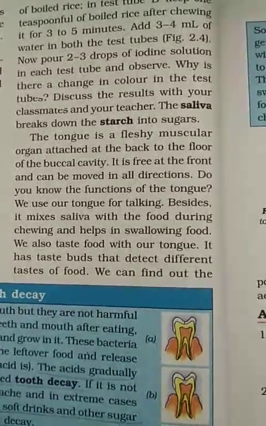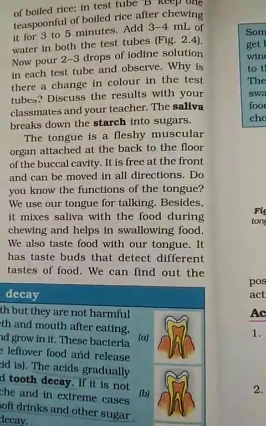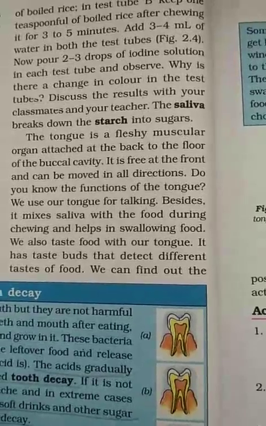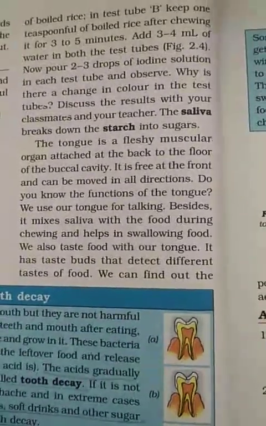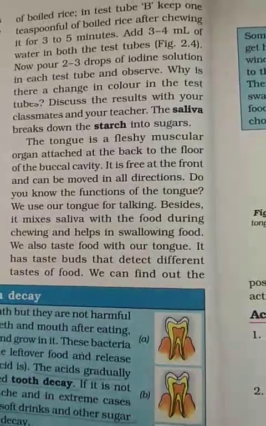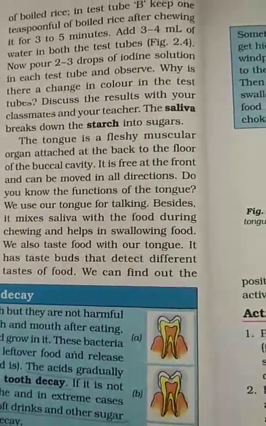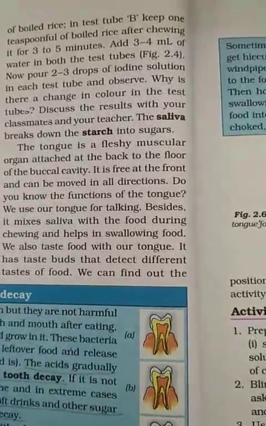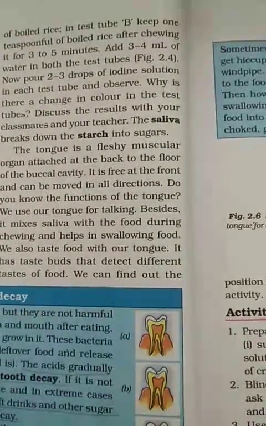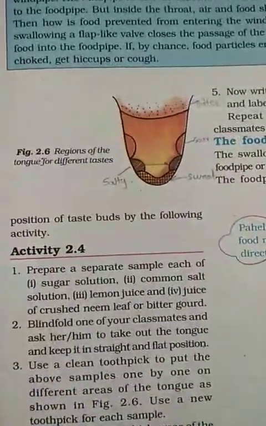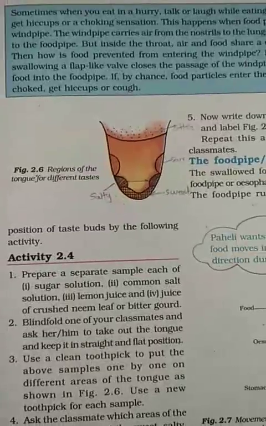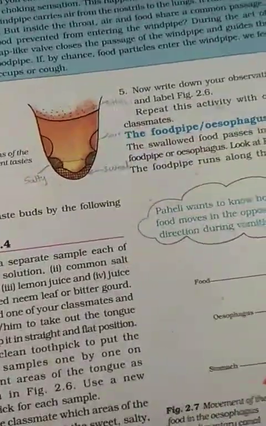It has taste buds that detect different tastes of food. Which different tastes have you tasted? We know the salty, sweet, sour and bitter taste. And on our tongue there are different regions, which you can see here, that help us to detect the different tastes.